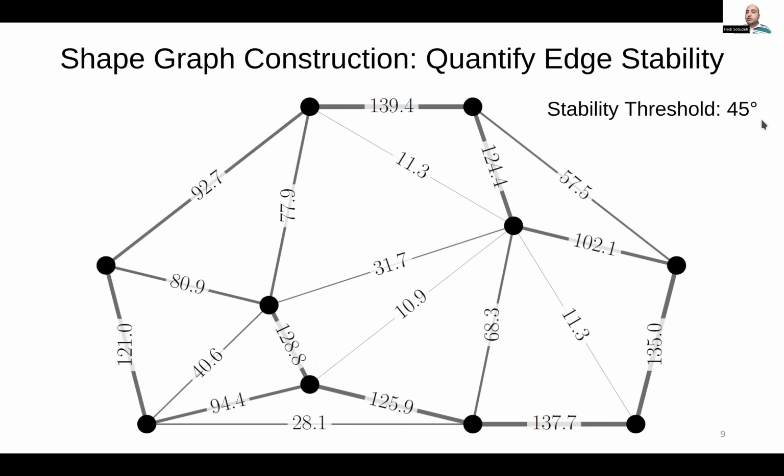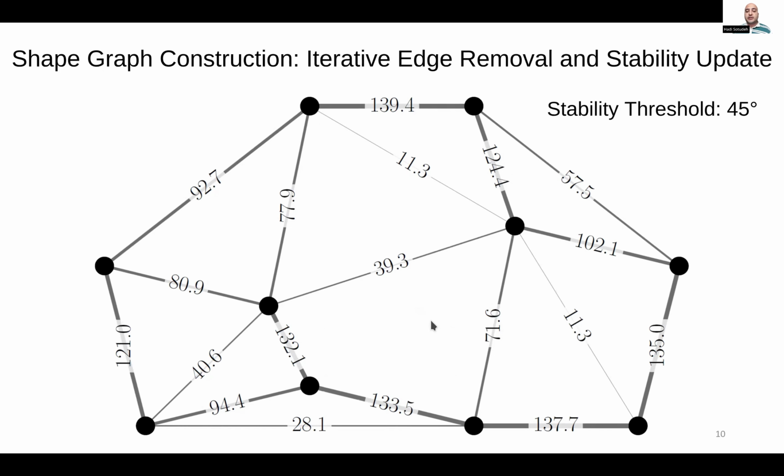We pick a threshold of 45 degrees and start with the edges that are below this threshold, starting with the minimum one, which is 10.9. We remove this edge, update the stability values of all the edges on the newly merged face, and pick the next minimum, which is 11.3.